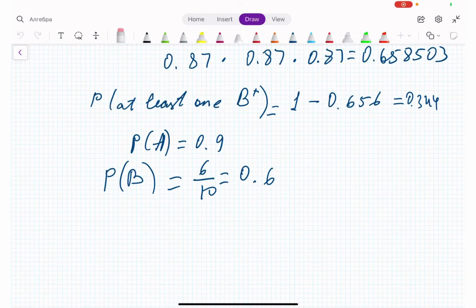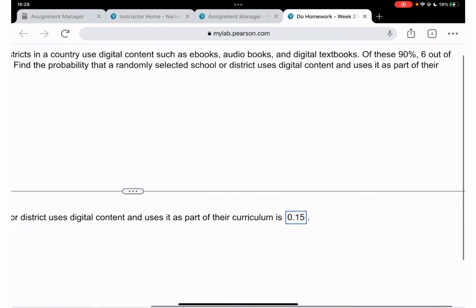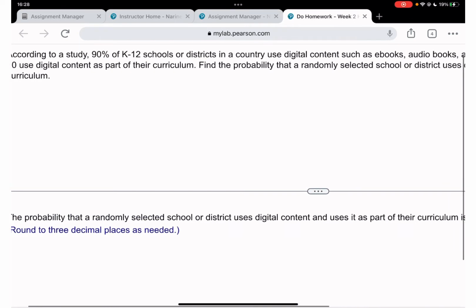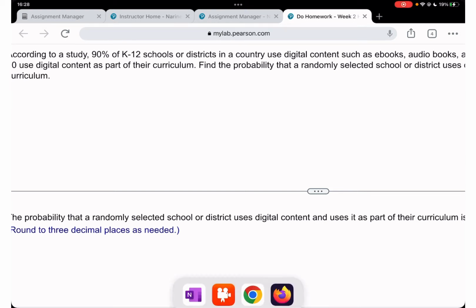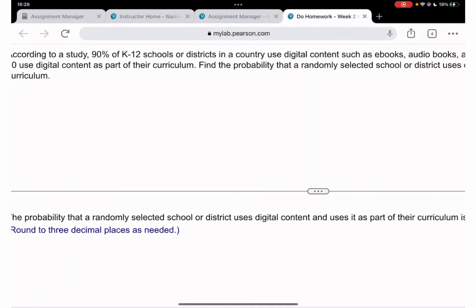So because these two events are connected via and, every time we convert into mathematical multiplication. So we are going to take 0.9 and multiply by 0.6. 0.54. Okay, let's go place the answer.